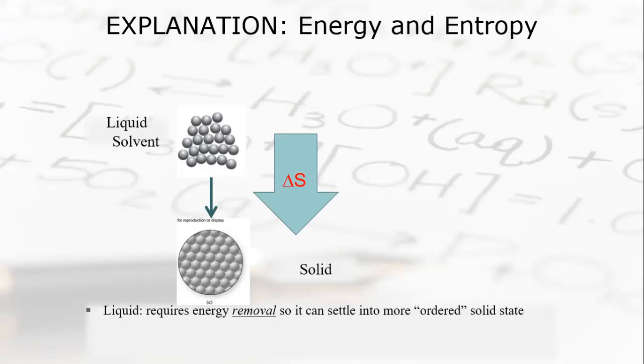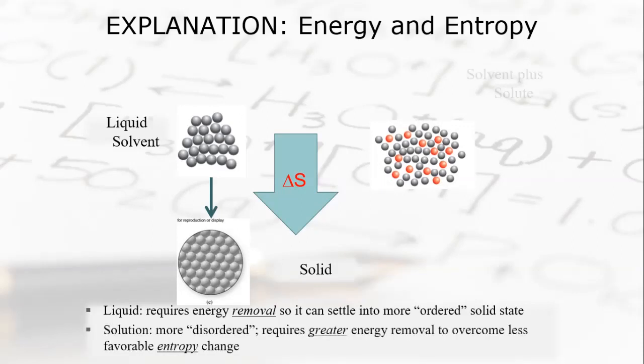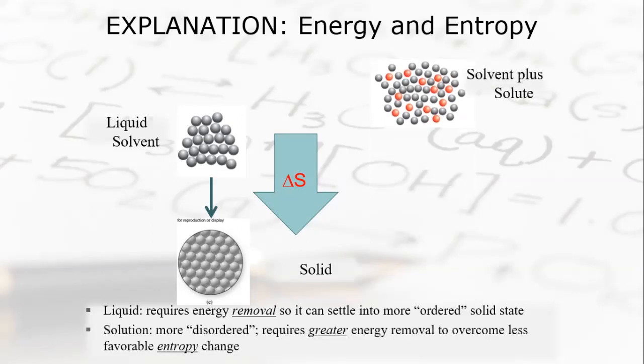Again, let's consider now the solution. When we build the solution, we said that now, because the particles are more randomly distributed, you actually start at a higher level of entropy. The solution is more disordered.